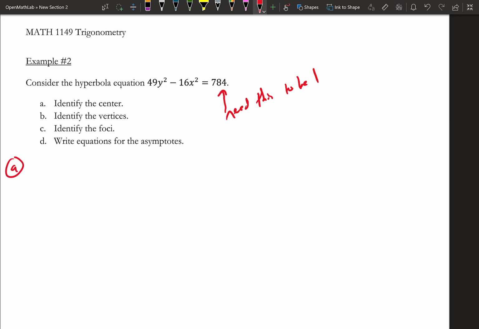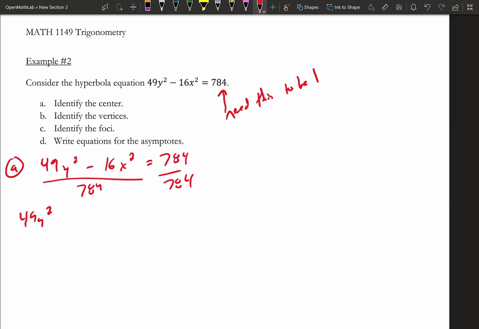we have 49y squared minus 16x squared equals 784. So I can divide both sides by 784. This gives me 49y squared over 784 minus 16x squared over 784 equals 1.